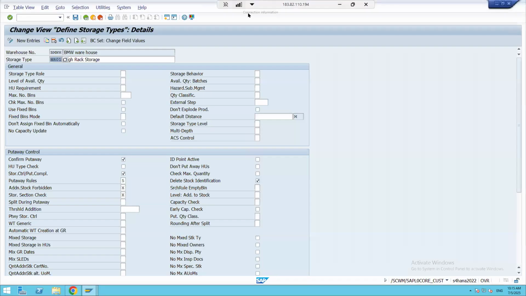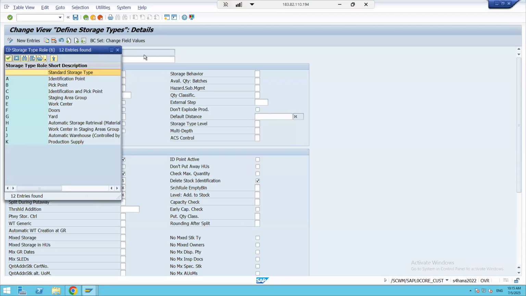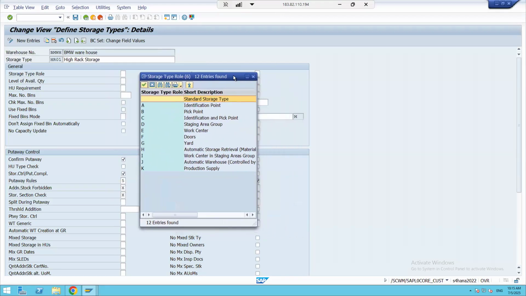Now, if I go to the system, the storage type role plays a key part in EWM. Can you see here? There are some standard storage type roles given by SAP.